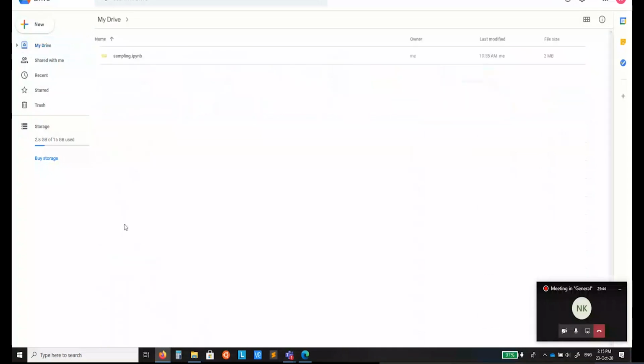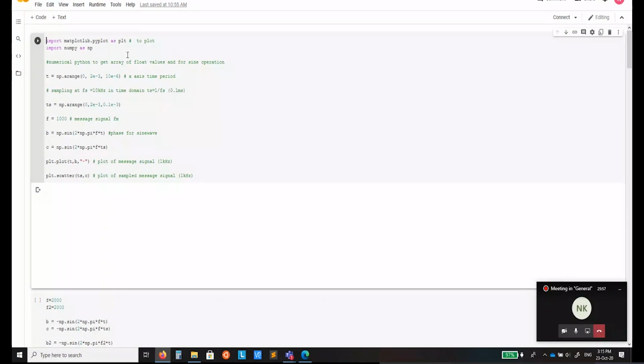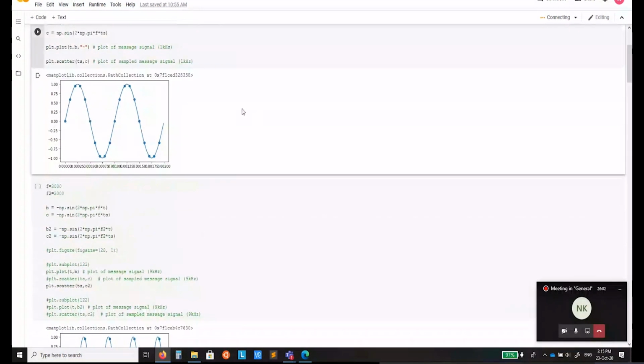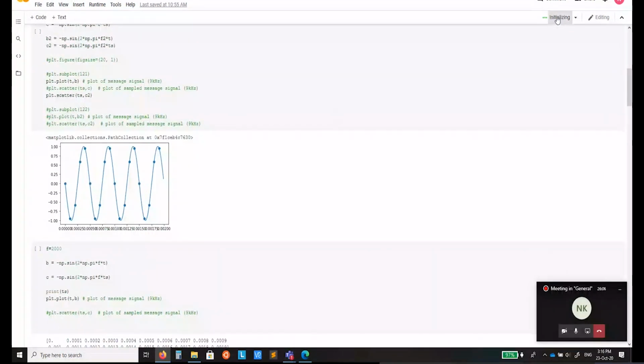Basically, if I put it here, now I'm using Google Colab. If you know about this, it's similar to the Python just now, but I just borrow it from Google. So this is some code that I run. This is not good for explaining, but let me connect this first.